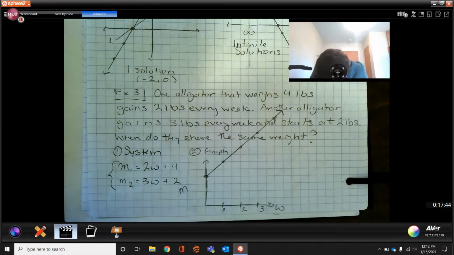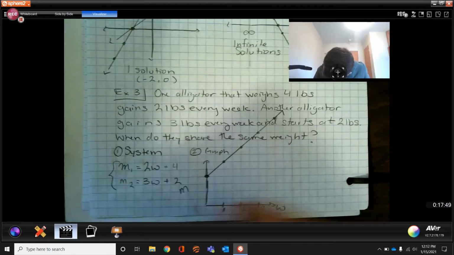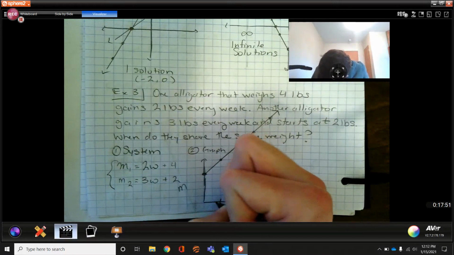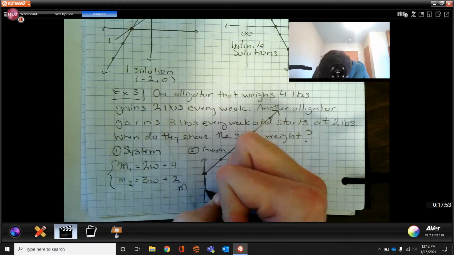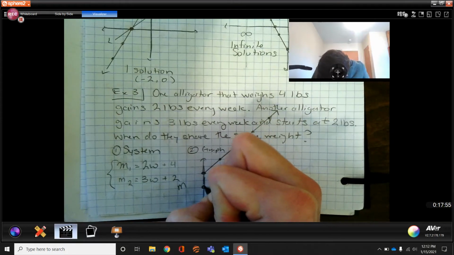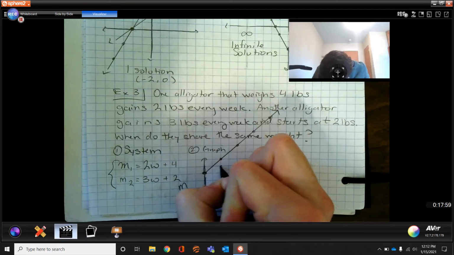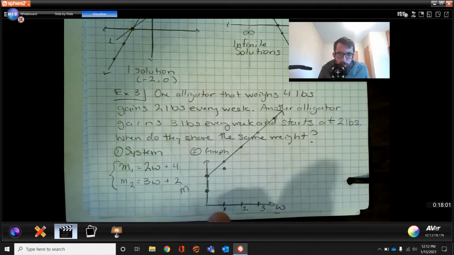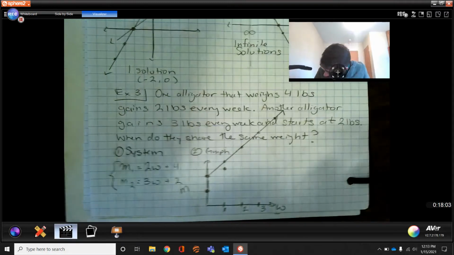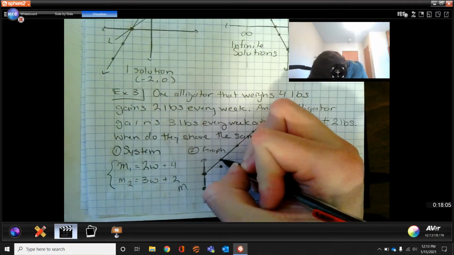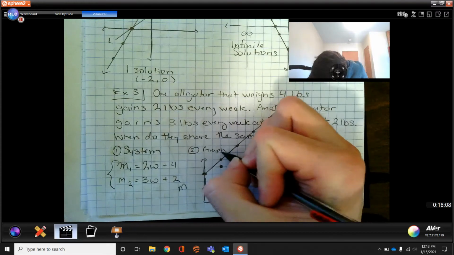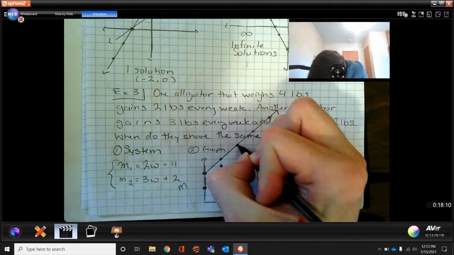Now, let's go ahead and do the second one. So ours starts here at 2, and our slope is 3. 1, 2, 3, 1. Because remember, 1 going across on the x is 3. Then go up 1, 2, 3, 1.